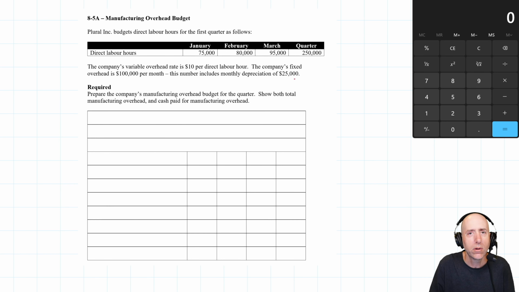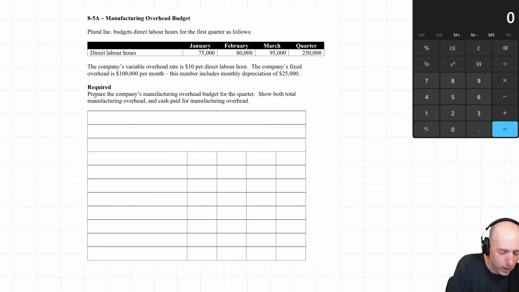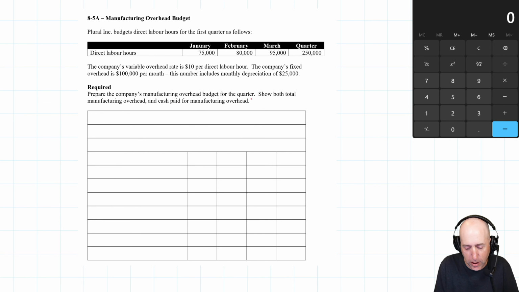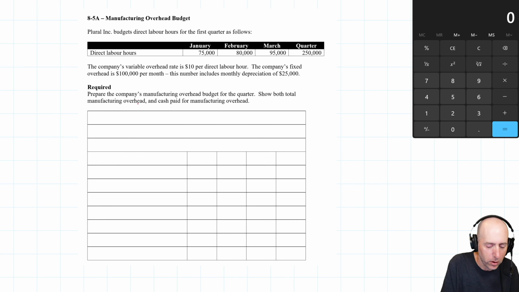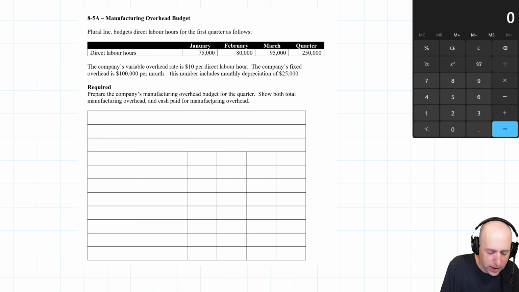You'll know that depreciation doesn't involve cash, so we'll deduct out the depreciation, because not only do I want to know my overhead cost, which includes depreciation, I also want to know how much cash I've got to pay for overhead costs, which doesn't include depreciation. And so we'll calculate two different numbers, and that's what they're asking. It says prepare the company's overhead budget for the quarter, show both total overhead and cash paid for manufacturing overhead. Okay, let's get to it.